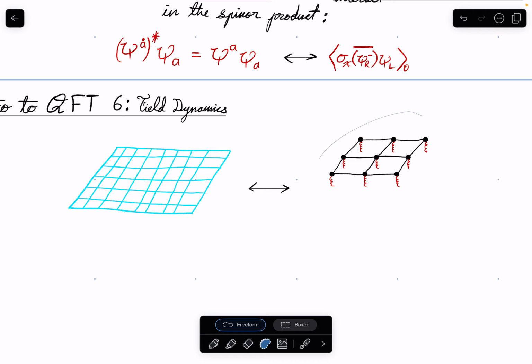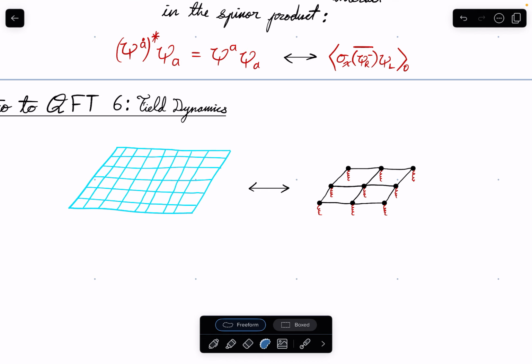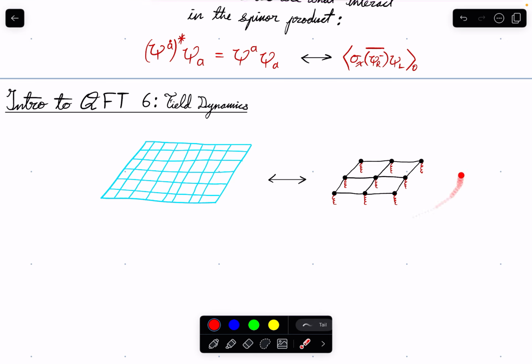So we can imagine scalar fields like springs, springboards, or matrices.